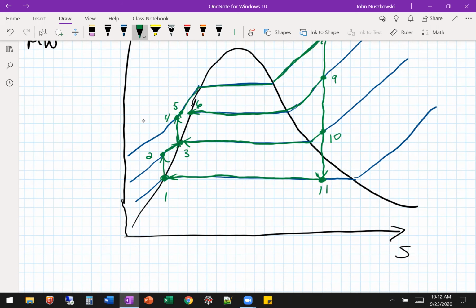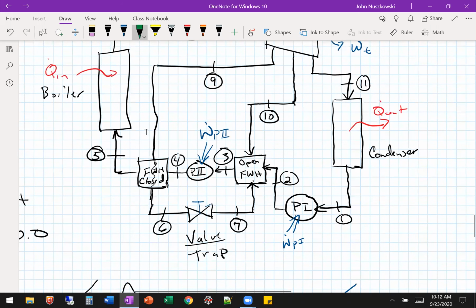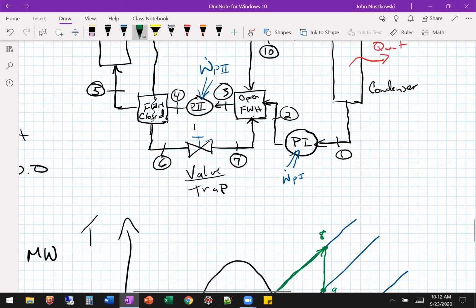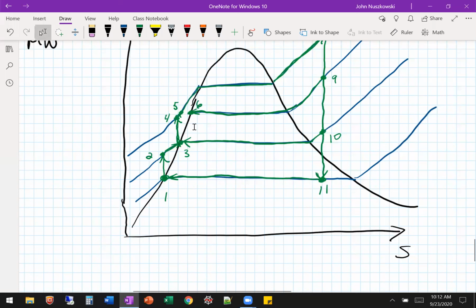And then we go through our trap or our valve from 6 to 7, and that drops pressure. And just like we saw in the earlier chapters, the valve is isenthalpic, constant enthalpy.